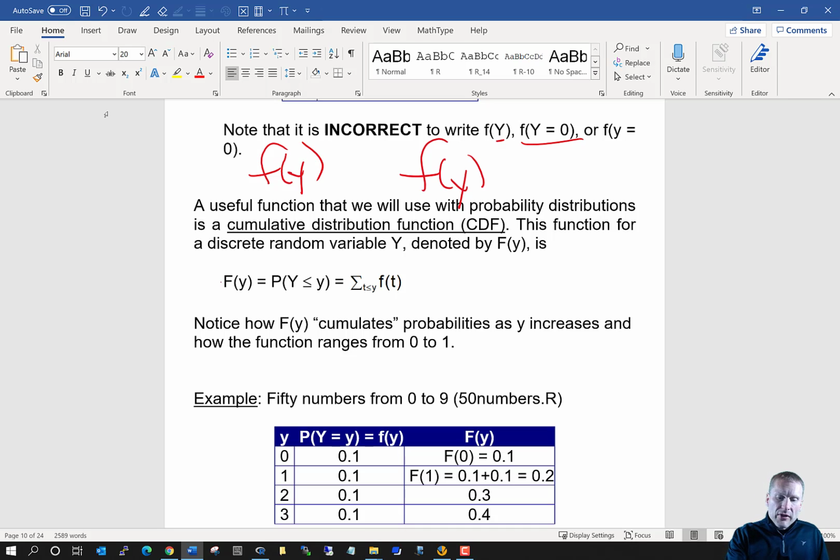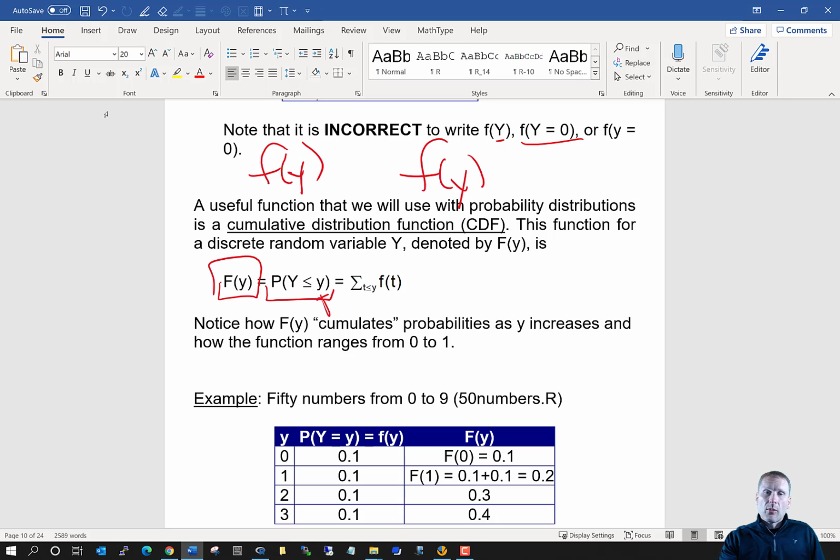The formal notation uses a capital F for our function, so capital F of y is our CDF. In terms of probability notation, it represents the probability that our random variable Y is less than or equal to a particular value of y.